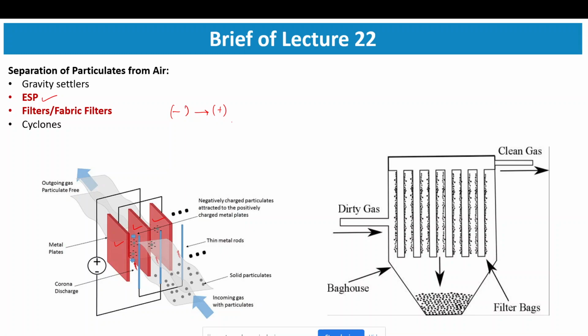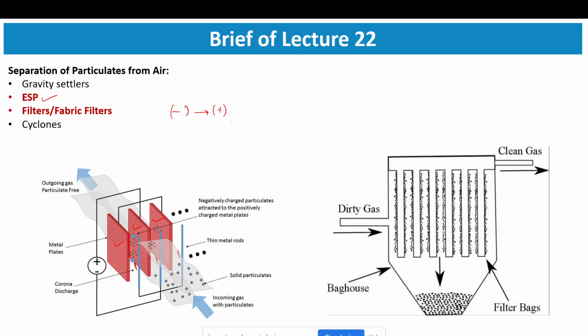So if you try to pass the air in between these plates, what will happen? The negatively charged particles will get attracted towards the oppositely charged plate here, which is positive. So it will get collected over here.